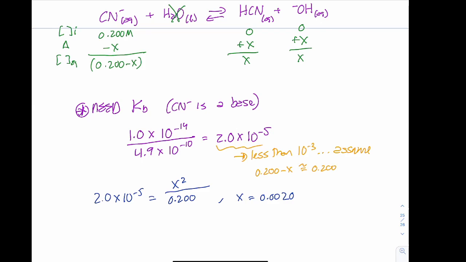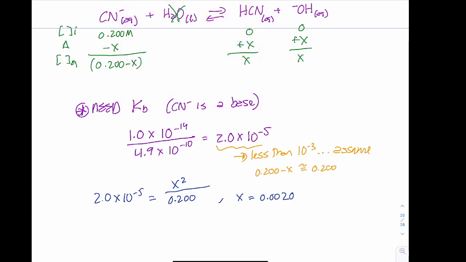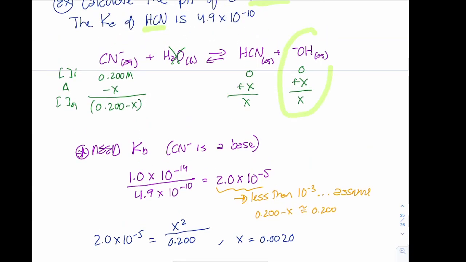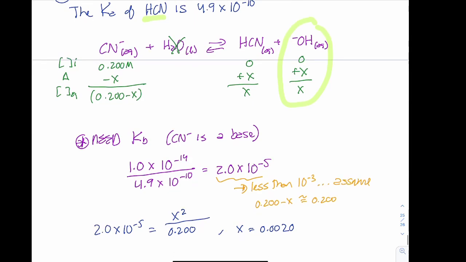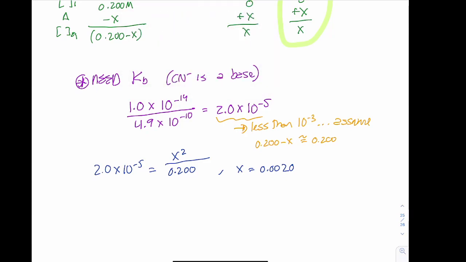My calculator just comes out to be 0.002, but remember our calculators don't know significant digits. I have 2 here, I have 3 here, so I want 2 in my answer. And then we need to remember what we're trying to get to is our pH. I need to remember that x in this case is my hydroxide ion concentration. It's also my hydrocyanic acid concentration, but I don't need that to determine pH.